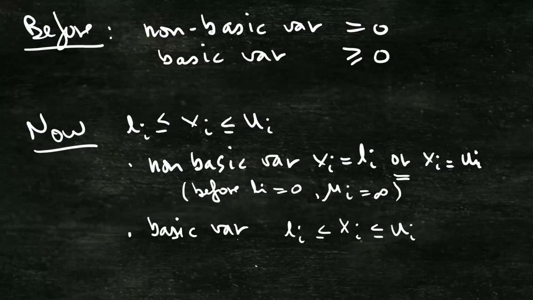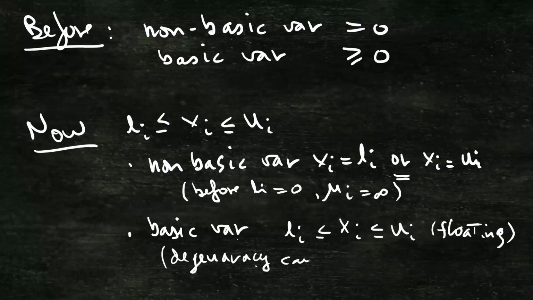Generally, it will be floating, so we would call this floating. If it's at the end points, then it's non-basic. If it's in between, then it's basic. Now notice that degeneracy causes the less than or equal signs.